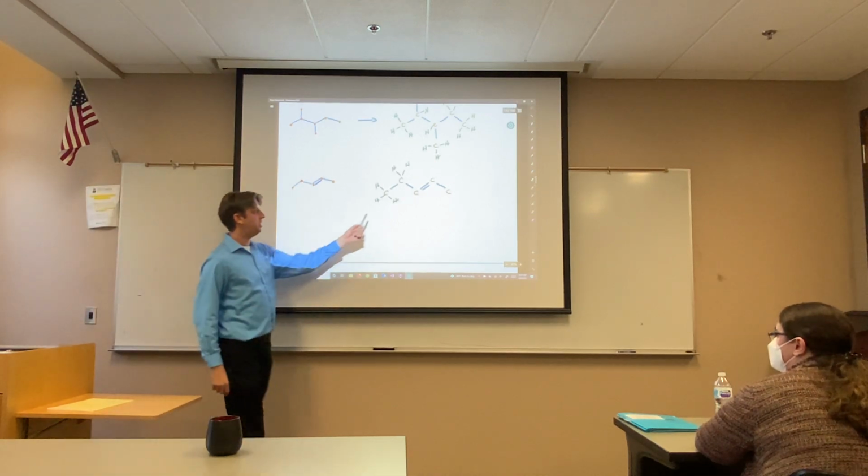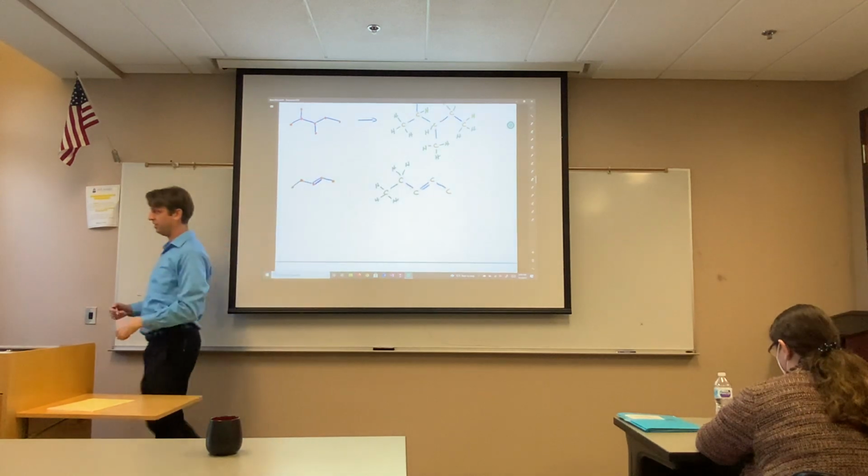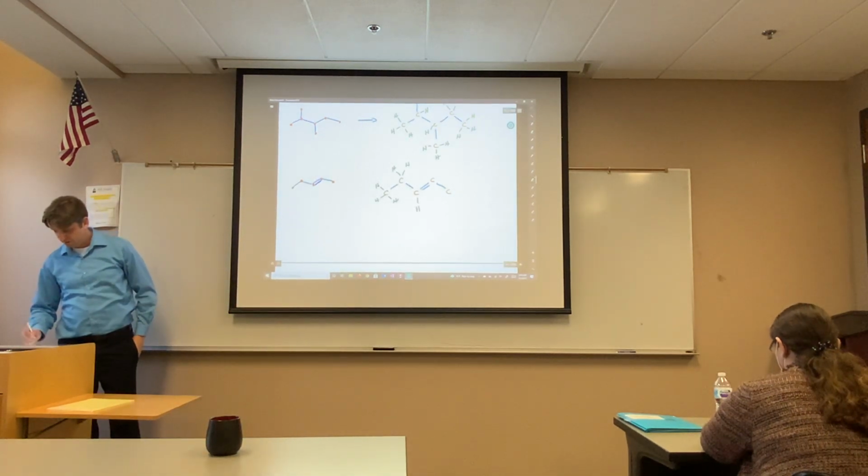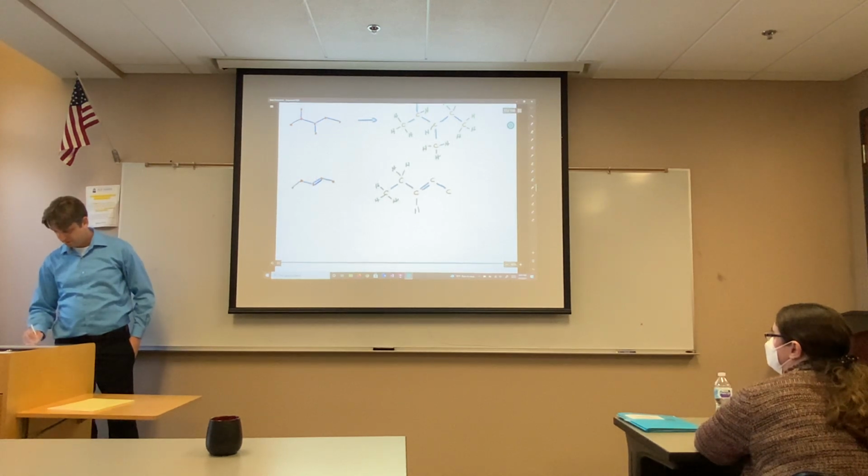So when we get to a double bond though, what do we have? We already have 3 bonds here, so how many hydrogens are coming off there? Only 1. Let me just change colors here for just a second, just to make a point.